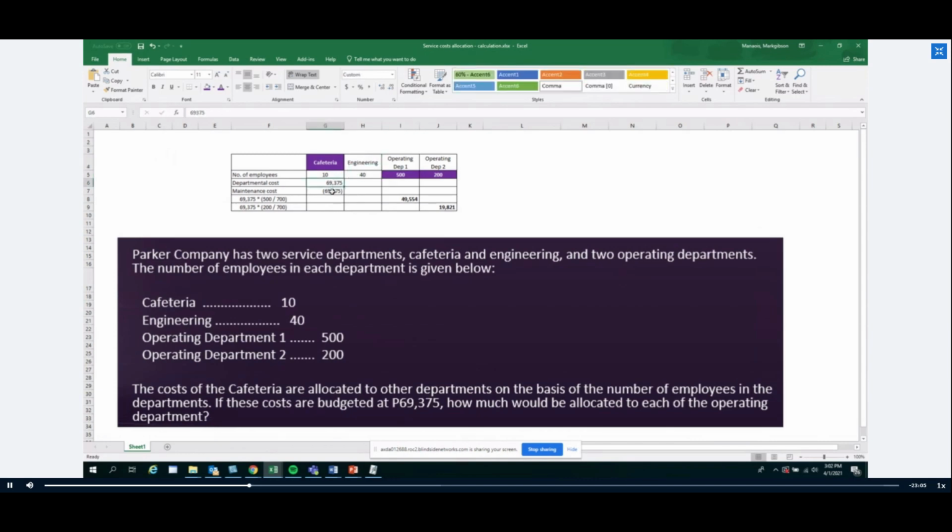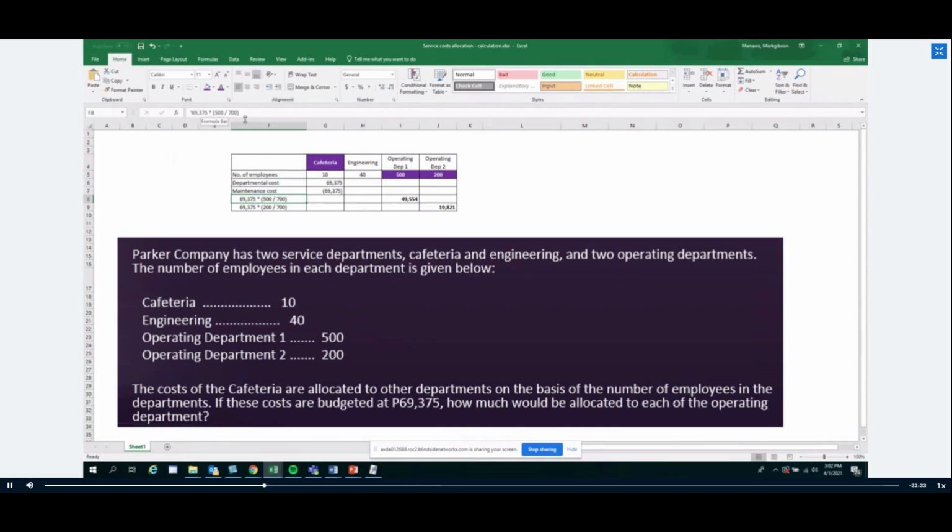So what we need to allocate is 69,375 based on the number of employees. In this case, you just need to prorate. Your total is 700 employees, 500 employees for operating department 1 and 200 employees for operating department 2. So therefore, this is the calculation.